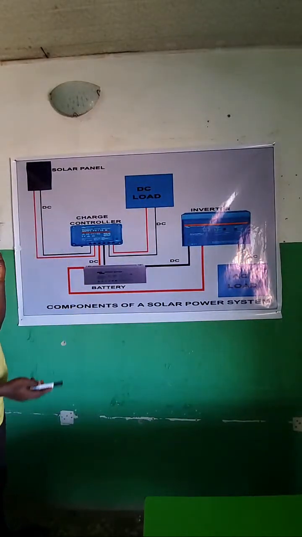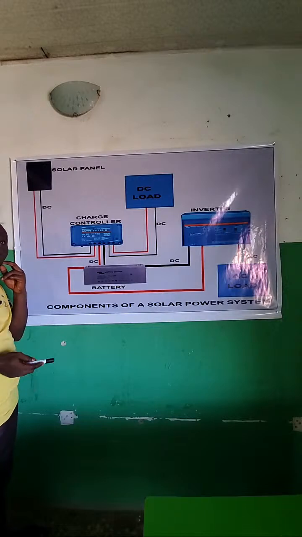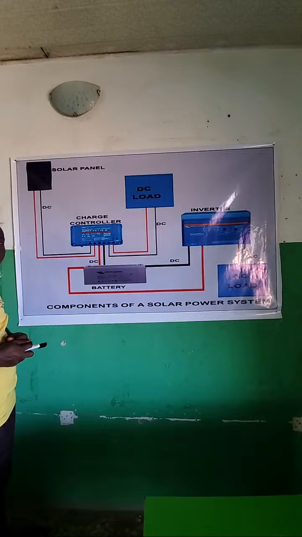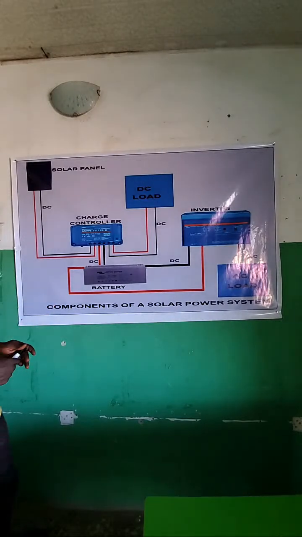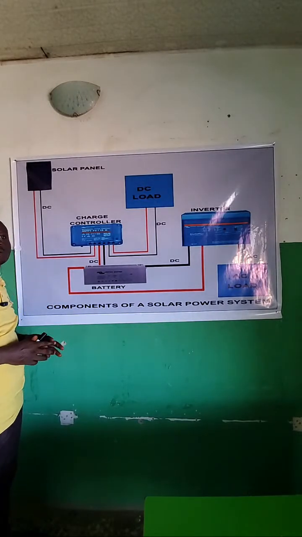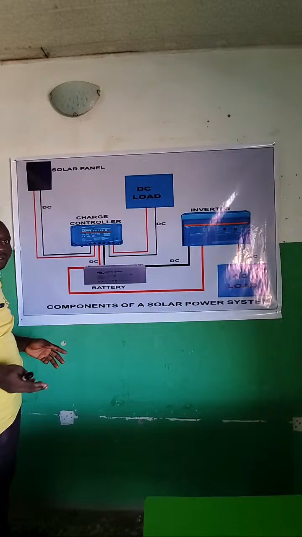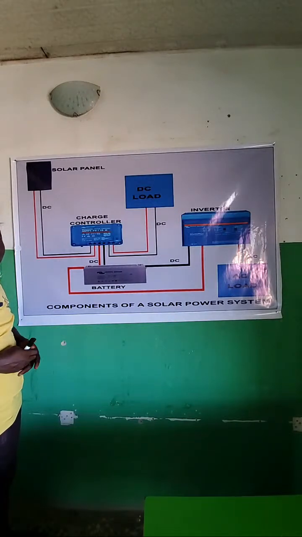Then we have other components like the surge protective devices, overcurrent protective devices, the cables, fuse, and other components that are installed to make the solar system perform efficiently. We also have a BMS, battery management system.